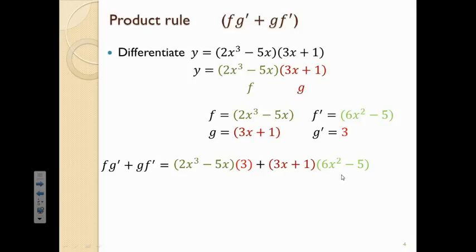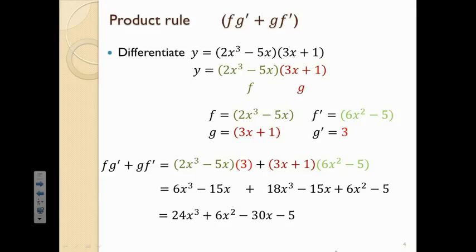Now, we don't see any common terms in there, so we just do the multiplication. 2x cubed minus 5x times 3 is going to be 6x cubed minus 15x, and then using, I think, the FOIL method here to multiply this out, we get this. Now, we combine all the like terms, and we end up getting the same answer that we did before.